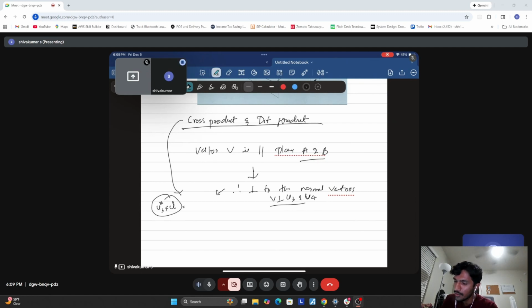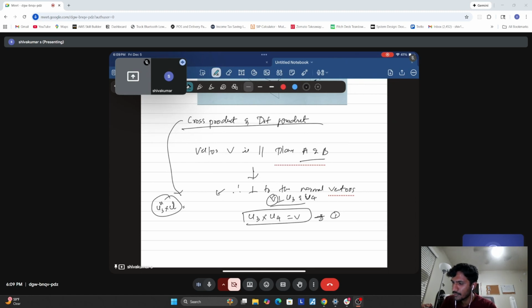Since we already know that v is perpendicular to u3 and u4, the cross product of u3 and u4 should give us the direction of v. This is equation 1.